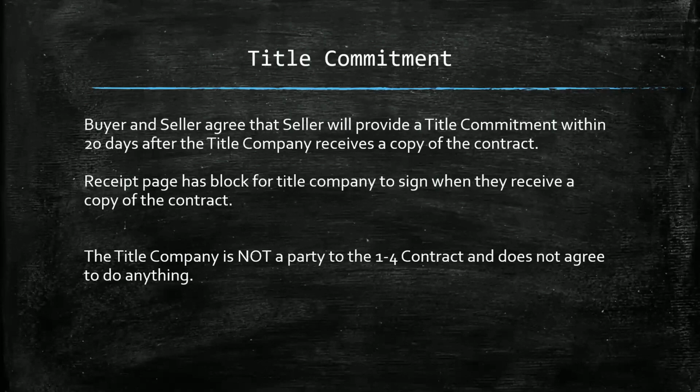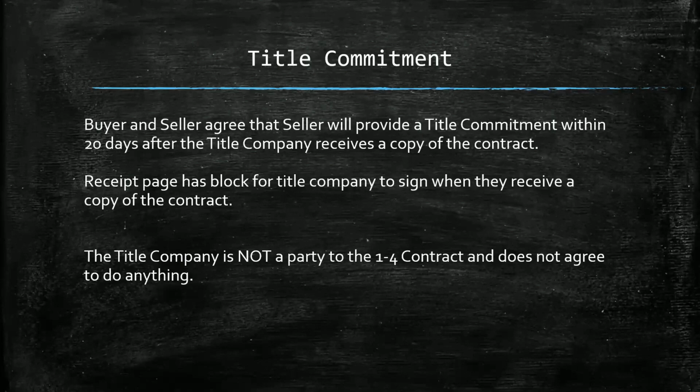The reason that we have on our receipt page for the 1-to-4 contract a separate block where the title company signs to acknowledge receipt of the contract is because of this requirement right here, to provide the title commitment to the buyer within 20 days after the title company receives the contract.